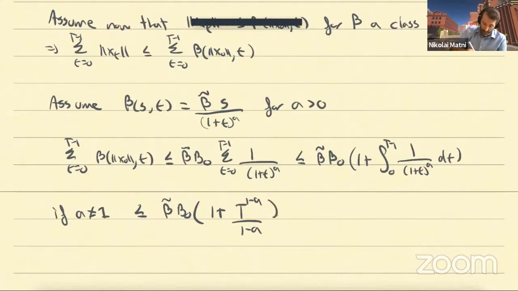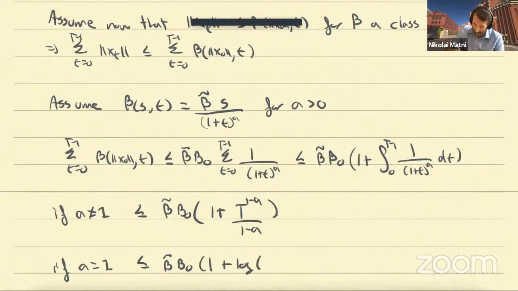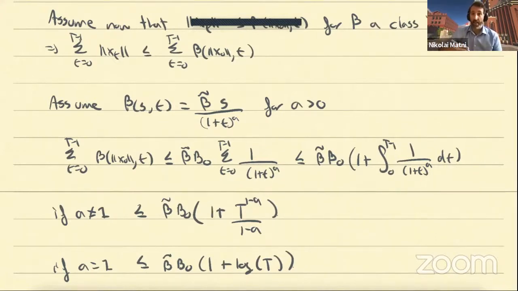And then if a is equal to 1, then this ends up being less than or equal to beta tilde b0 times 1 plus log t. Okay. So the a equals 1 bound is fairly intuitive, which is saying that if the effect of my initial condition decays like 1 over t, then my horizon will then define scale as order log t.